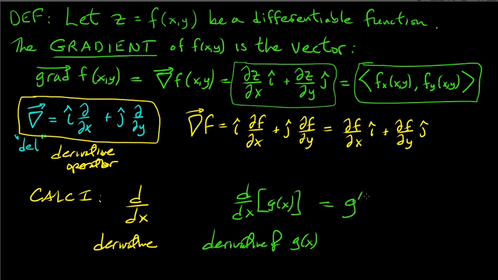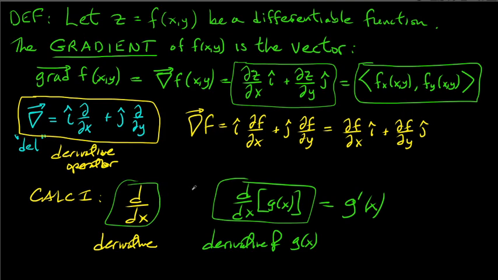Or more likely you'd write it g prime of x, but you can also write it this way too. So this symbol just means take the derivative of whatever function you put after it. So likewise, this del operator, this derivative operator, just says take the gradient of whatever function comes after the gradient symbol, or the del symbol.